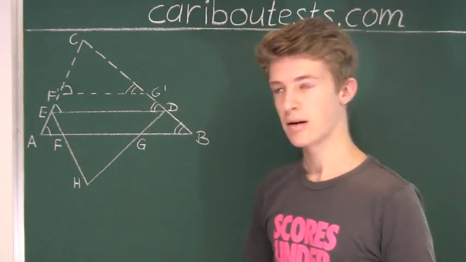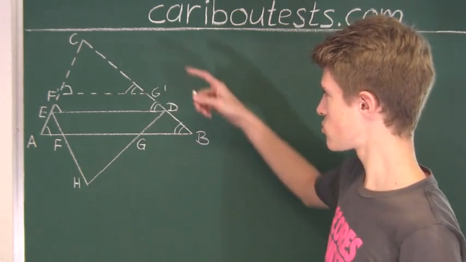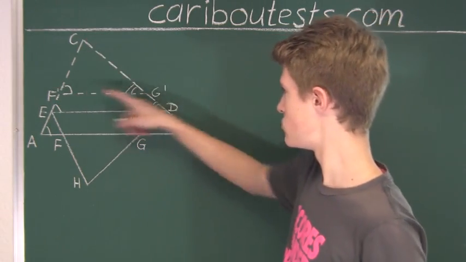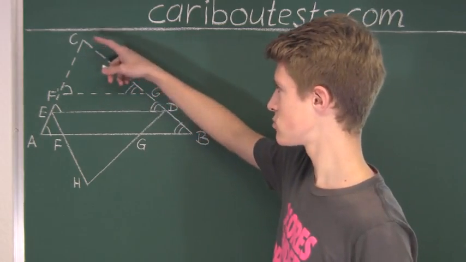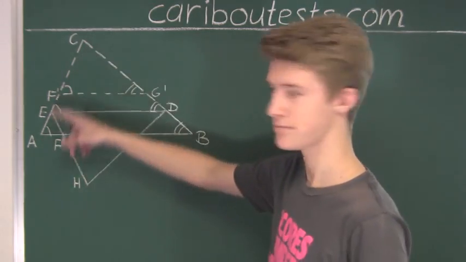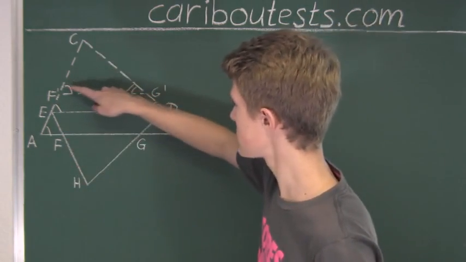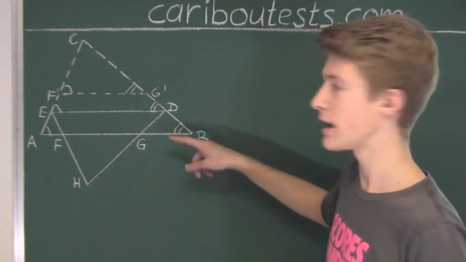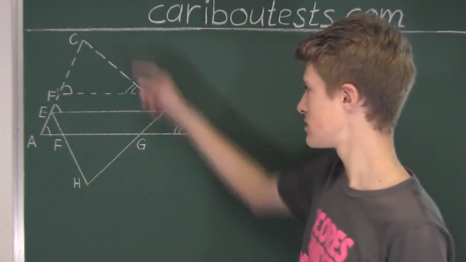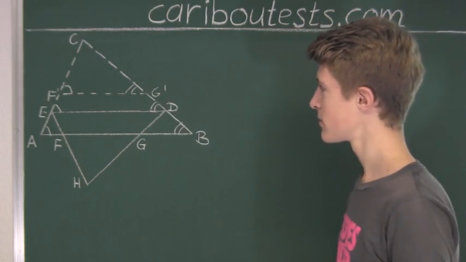Now the smaller triangle C, F prime, G prime has the same angles as the large triangle ABC, because this angle is the same as this angle is the same as this angle, and the angle C is the same for both.